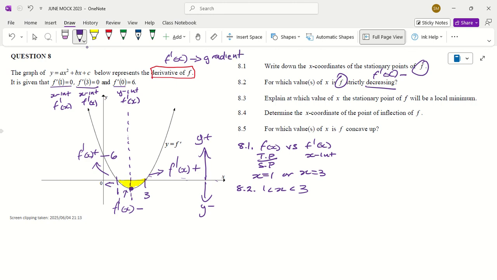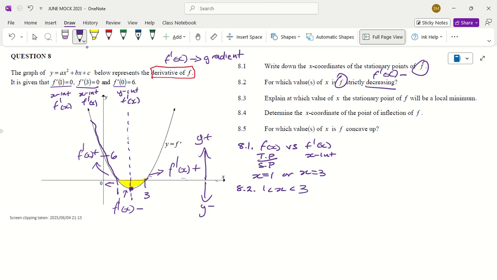So now, if a function has a negative gradient, and the negative gradient is between 1 and 3, then the function will decrease. But now, if we go to the left of 1, the function here is on the positive y-axis.